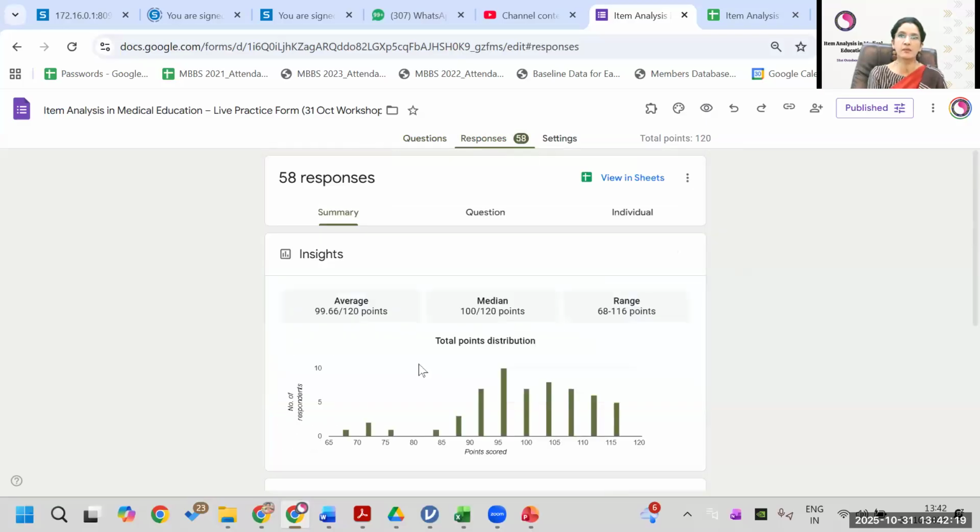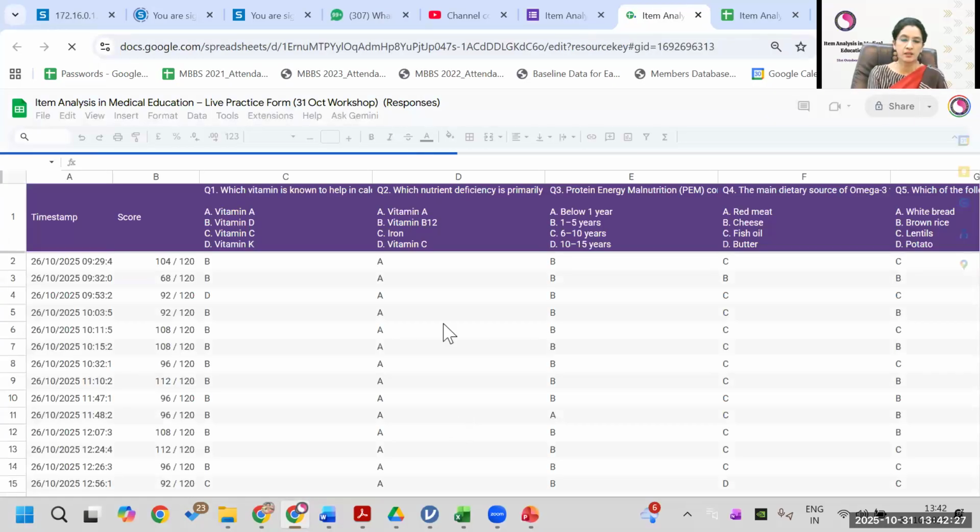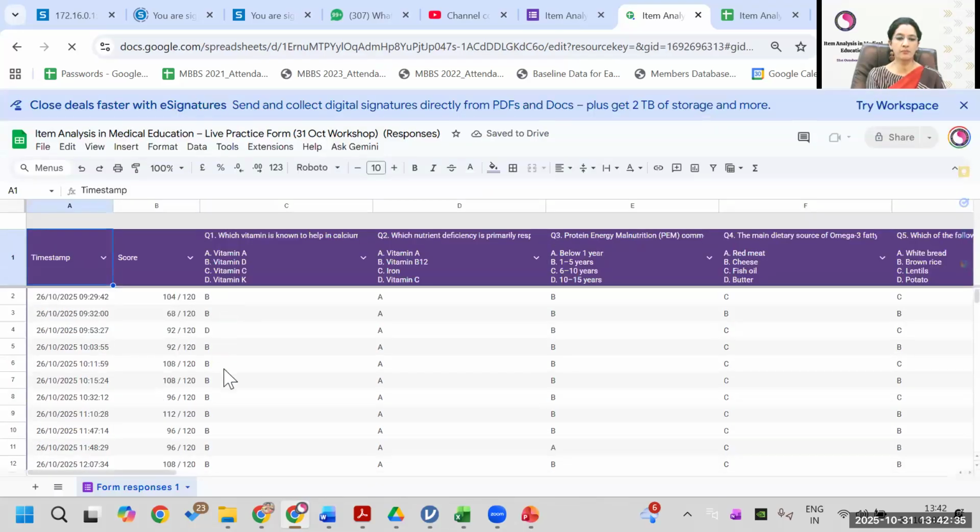I'll show you, if you go to the response, this was the response which you people have given. And if I show you in the sheet, the response comes like this. You can see, this is the question, and the response will be in the form of A, B, D. So you don't need to clean the data and recode the data.